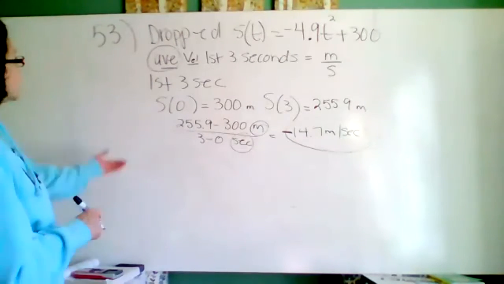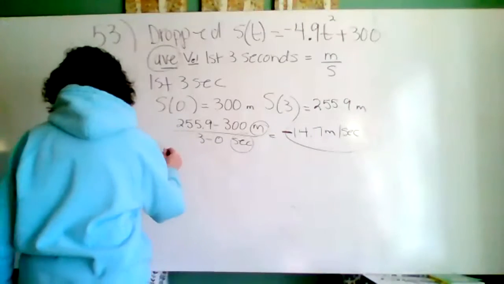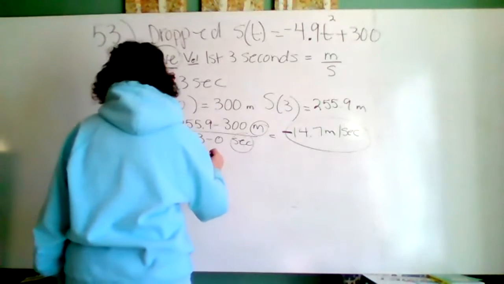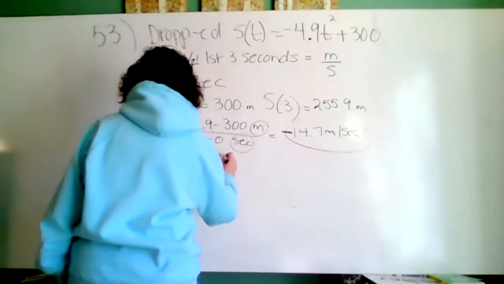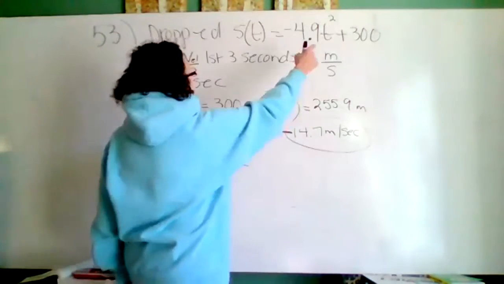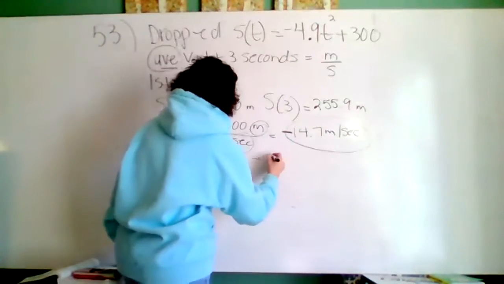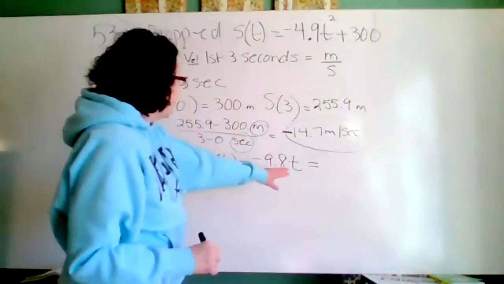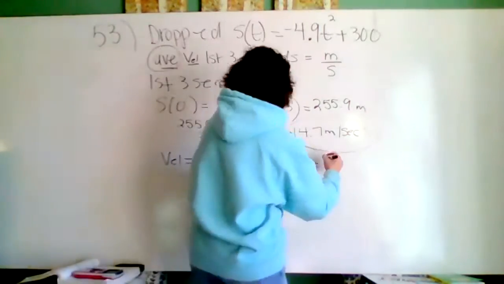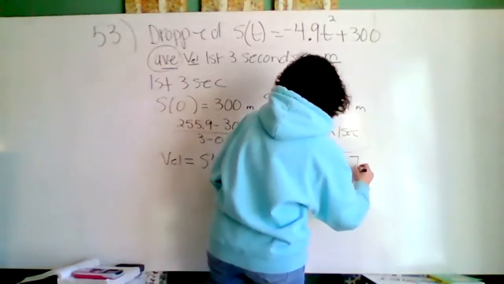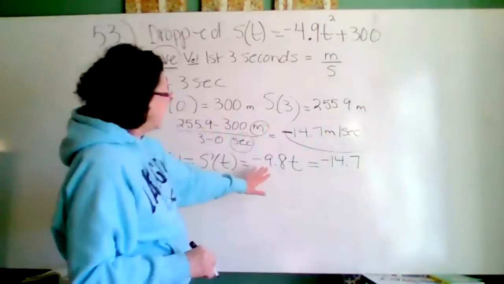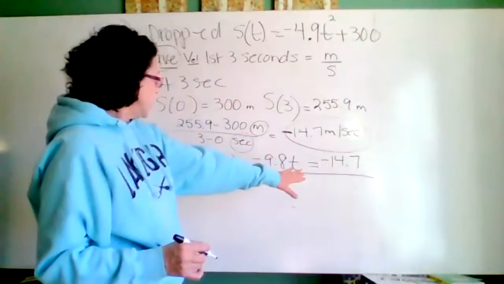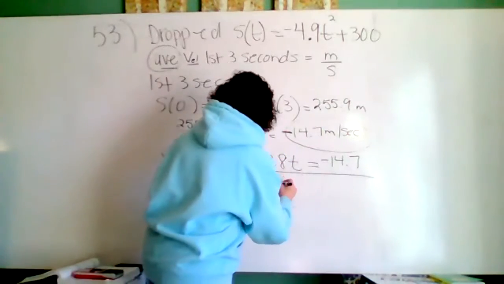Okay, yeah, so let's go ahead and take the derivative, which is the velocity function. Velocity equals the derivative of the position function. And that would be negative 9.8 t. And I'm trying to find at what time it's equal to this average velocity. So I set the derivative equal to the average velocity, and now I'm just going to divide by negative 9.8.